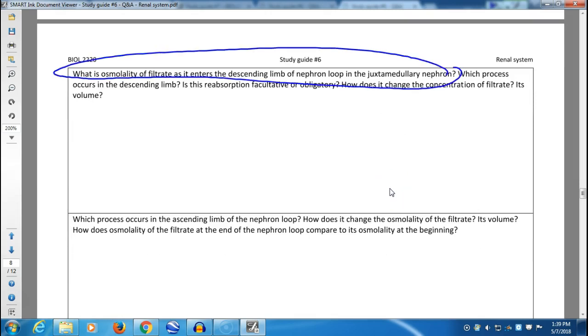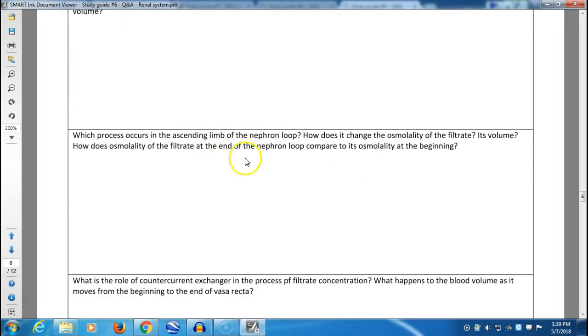What is osmolality? Am I going to ask you numbers? No, I'm not going to ask you numbers. You need to know the ratios. Am I clear? Ascending limb, so we got this.